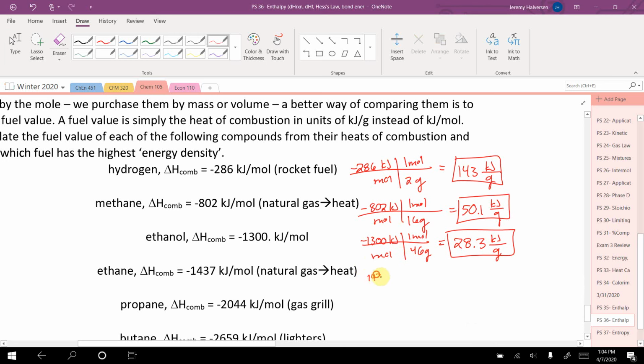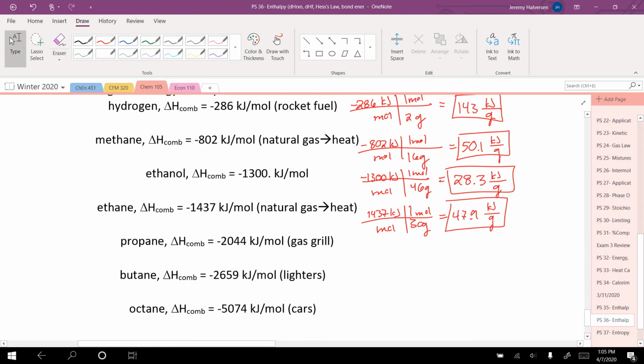Ethane. Ethane is C2H6. It's 30. Which gives 50.9, just using molar masses here. Propane. Propane is C3H8.